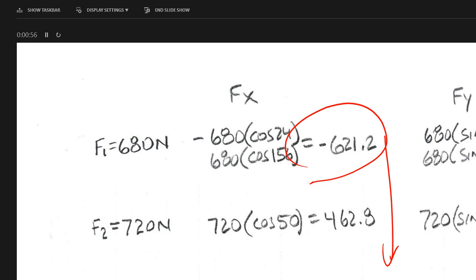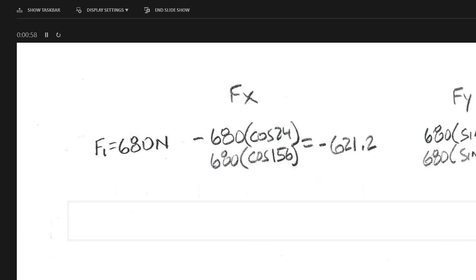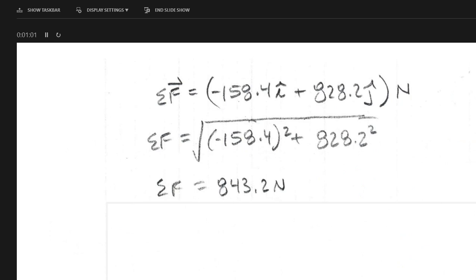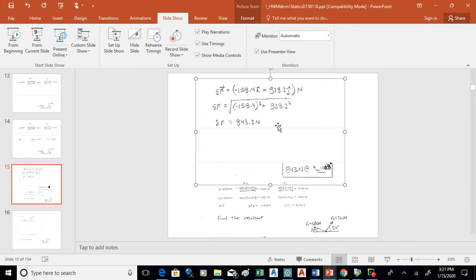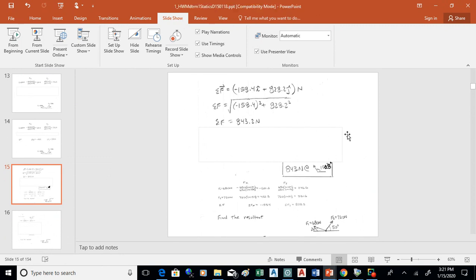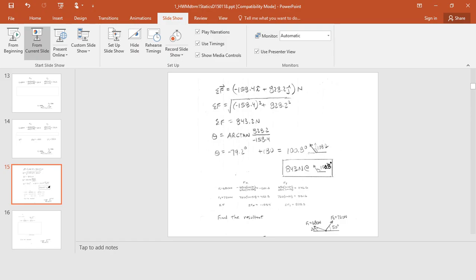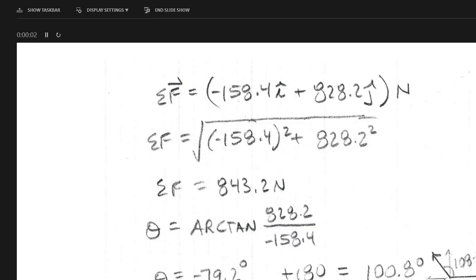Once you have that, you can take the square root of the sum of the squares, and that will get you the magnitude of the resultant. And then you can do the inverse cosine of Y over X, and that will allow you to find the angle.